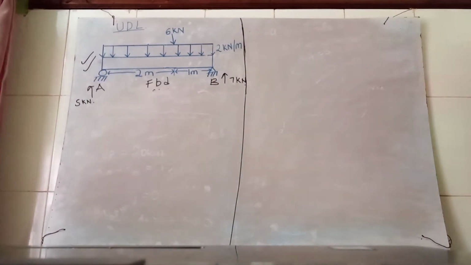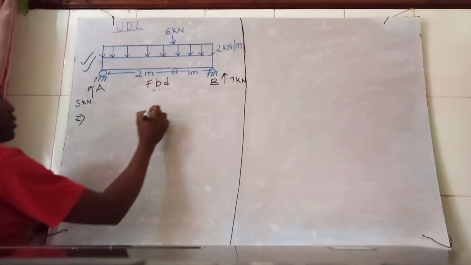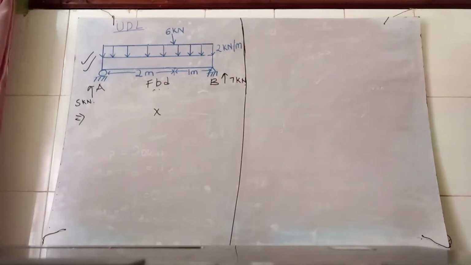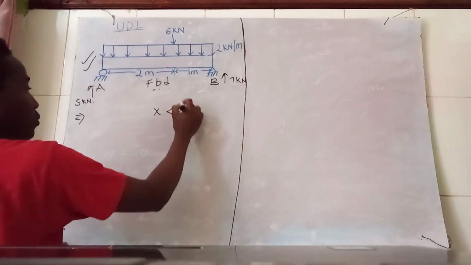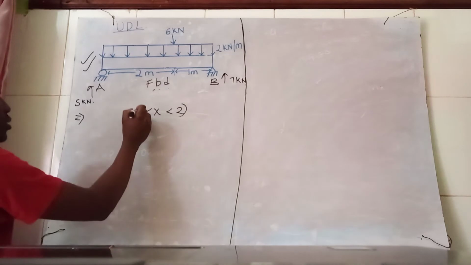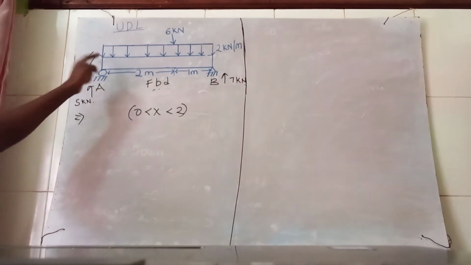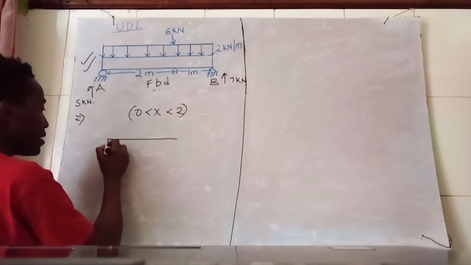Okay. To start off, I'm going to consider a section X that is less than this distance of 2 where the force is acting, and greater than 0, the starting point of my beam. So I'm going to draw it to have a better understanding.